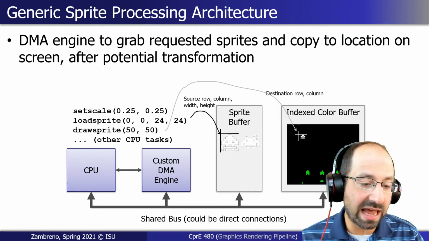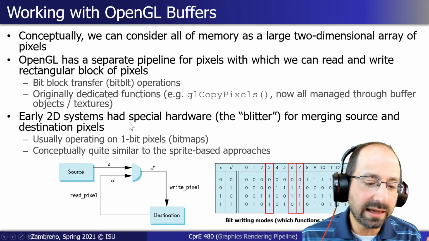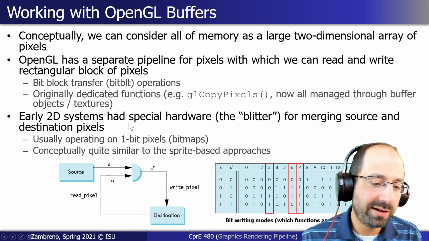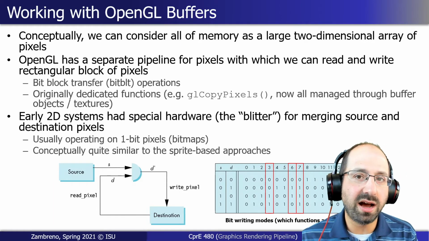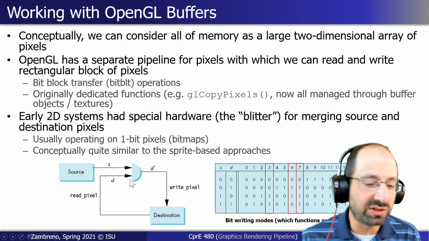You wouldn't be able to have different types of backgrounds associated with it. And there was at one point custom hardware to do those kind of merging operations and with different modes associated with it.